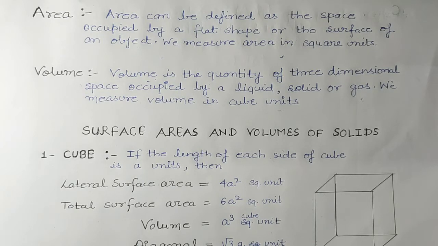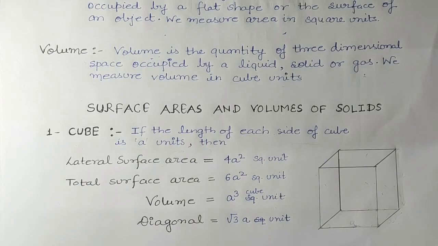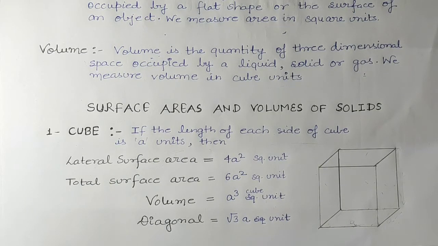Okay students, now let us see the solids that we have studied in class 9, and let us revise them here also. So the first solid that we are going to study is cube. If someone asks you what can be an example of a cube, you can simply answer that an object like a dice is an example of a cube. See, here I have drawn a figure also.